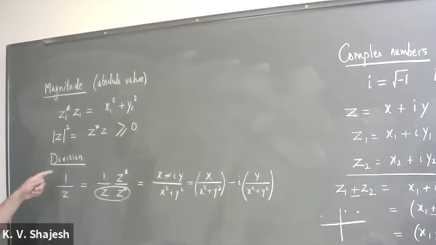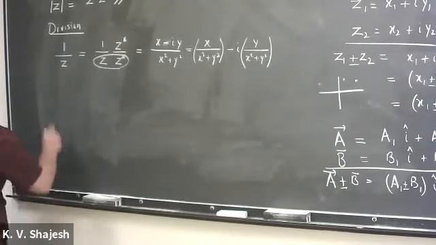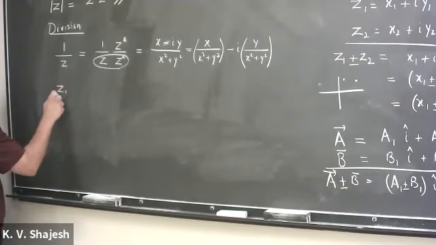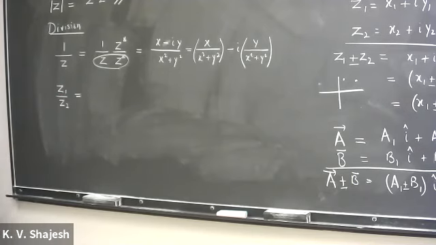So basically, the idea is whenever you want to define a division, you will multiply by the complex conjugate. So it is z star over the magnitude of z squared. With that, you can actually define any arbitrary division now. So any arbitrary division, z1 divided by z2, will be equal to, multiply z2 star on both sides.